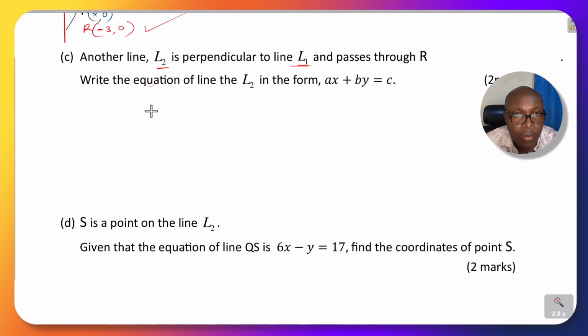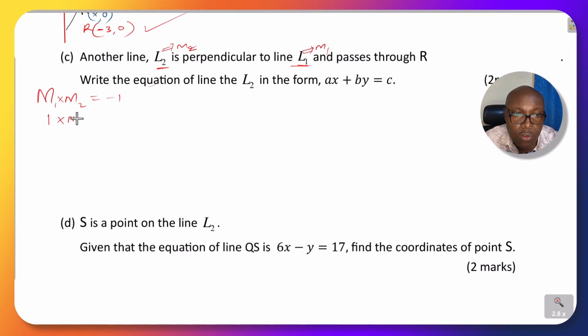We know that when two straight lines are perpendicular to one another, the product of their respective gradients gives negative 1. Let me take the gradient of L1 to be M1 and the gradient of L2 to be M2. The gradient of L1, M1, we got as 1.